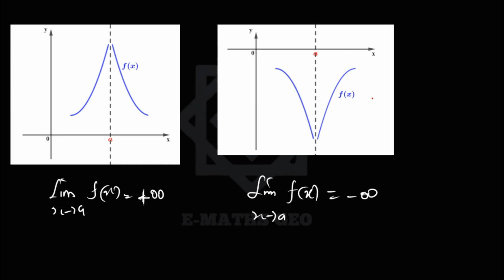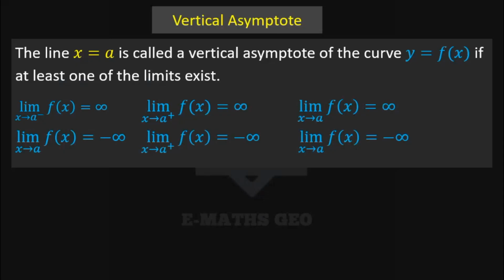And there's what we call vertical asymptotes. The line x equal to a is called a vertical asymptote of f of x if at least one of the limits exists. So if f of x increases or decreases without bound, then x equal to that number is the vertical asymptote.